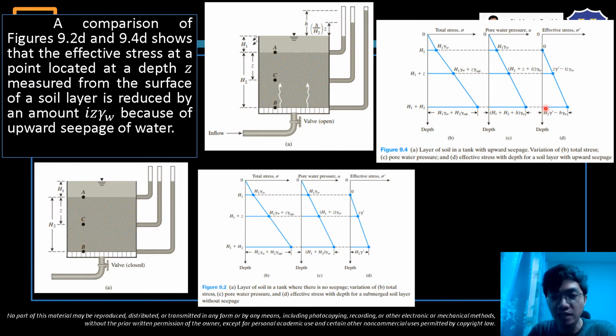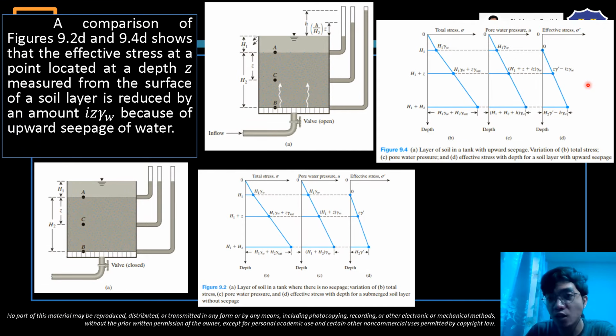We notice, class, that at point C, this is the effective stress with upward seepage, and this is the effective stress with no seepage. You can see there was a reduction in the effective stress from Z gamma prime to Z gamma prime minus iZ gamma water.